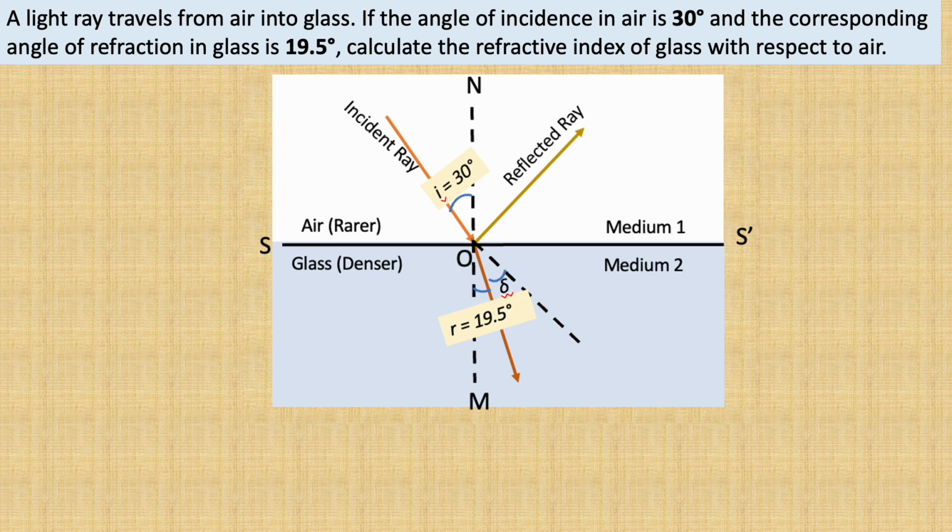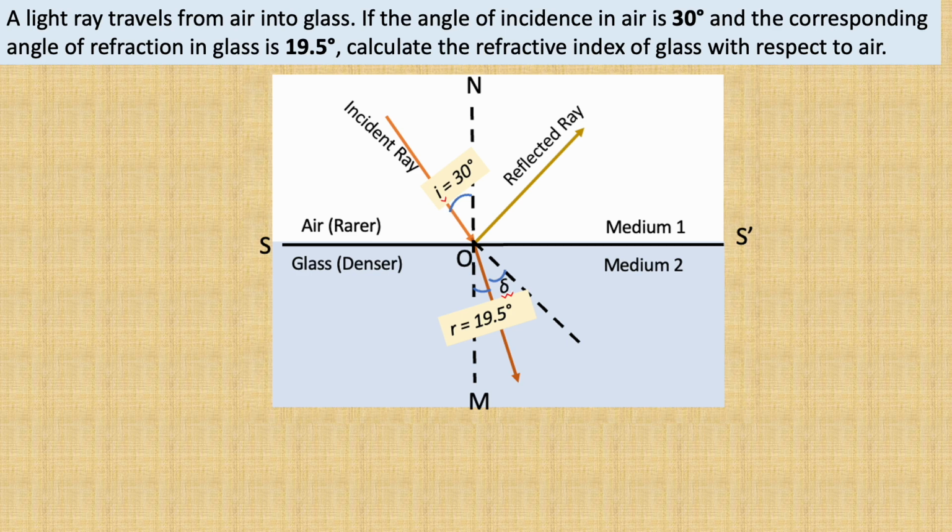You can see here that angle of incidence is 30 degrees and angle of refraction is 19.5 degrees. As light travels into the glass, the speed will decrease and it bends towards the normal. Now the ratio of sine of angle of incidence to sine of angle of refraction will give us the refractive index of glass with respect to air.